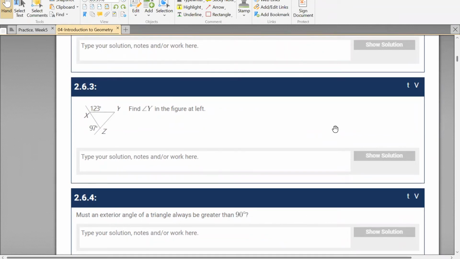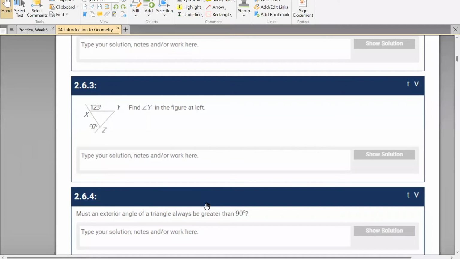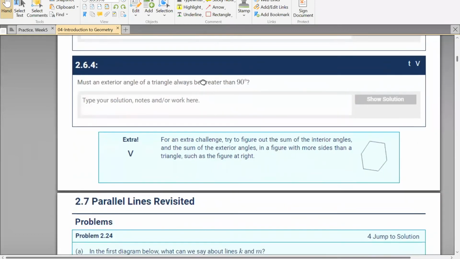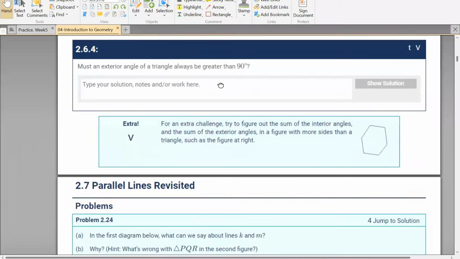Now they're saying find angle Y. This is a little more tricky, I would say. Before answering 263, let me first talk about 264, and then I'm going to go back to 263 as well.